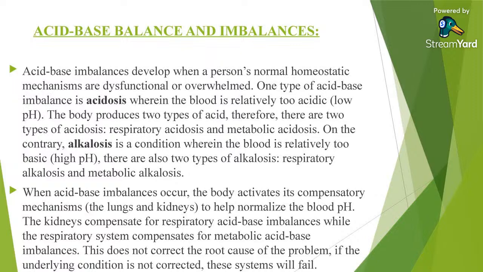The kidneys compensate for respiratory acid-base imbalances, while the respiratory system compensates for the metabolic acid-base imbalances. This does not correct the root cause of the problem. If the underlying condition is not corrected, this system will fail.